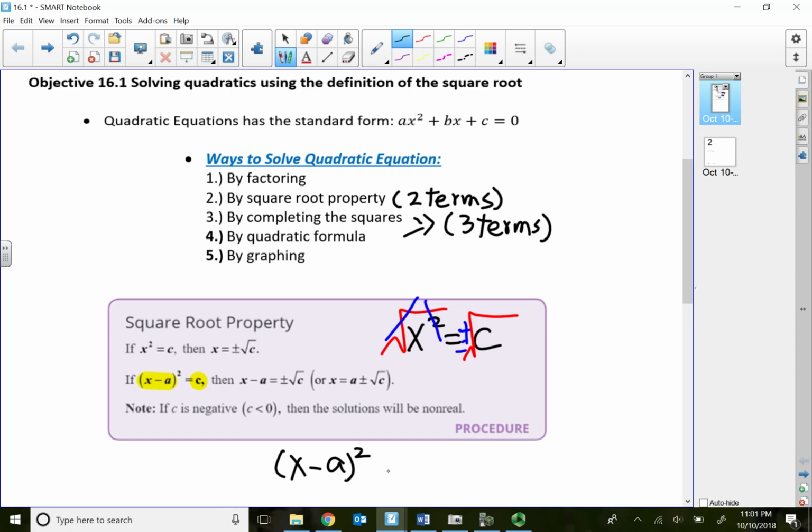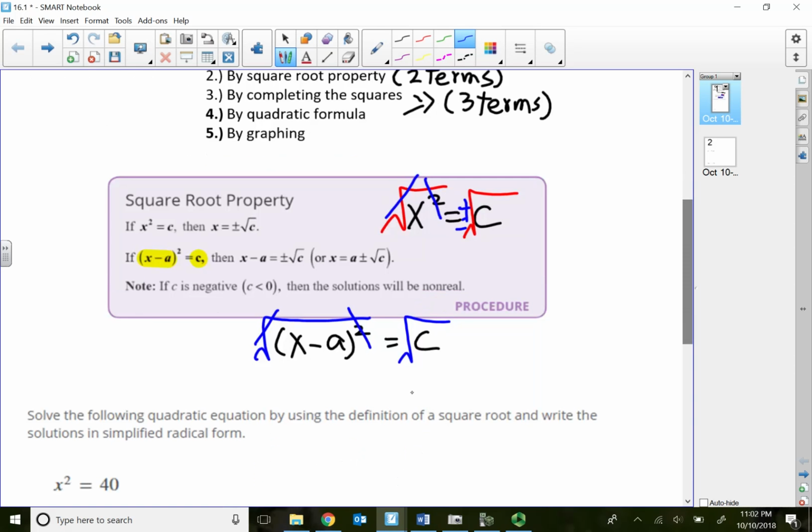Every time we take a square root on both sides, the answer will always come out to be a positive and a negative square root of my constant. Then, to get x by itself, I will simply move this term to the other side and place it right in front of the plus and minus.